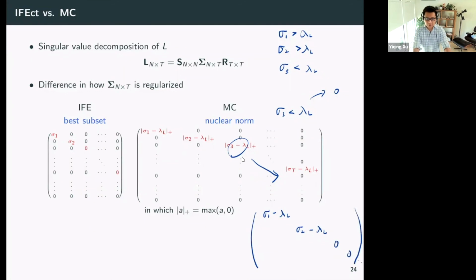That is what this nuclear norm does. But with best subset, you choose a stopping rule. You stop at 2, and then you keep the original eigenvalues as they are, and make the rest of the eigenvalues 0.